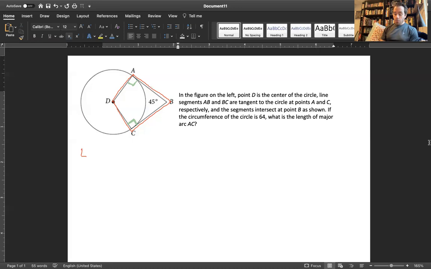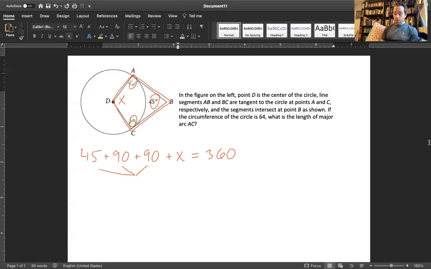So you've got 45 plus 90 plus 90, that's this, this, and this. And then if we let this be x, adding x has to give us 360 degrees. Well, this is not a hard equation to solve. 90 and 90 is 180.